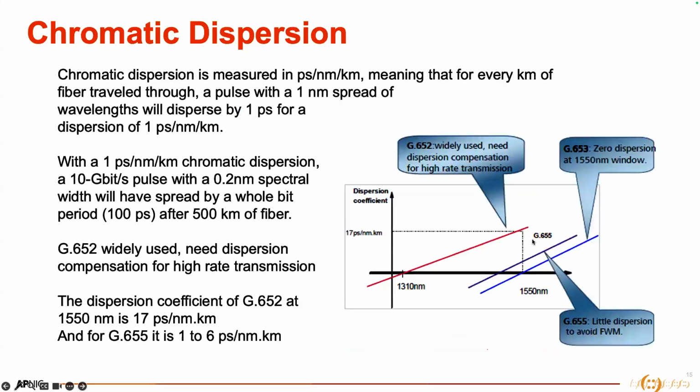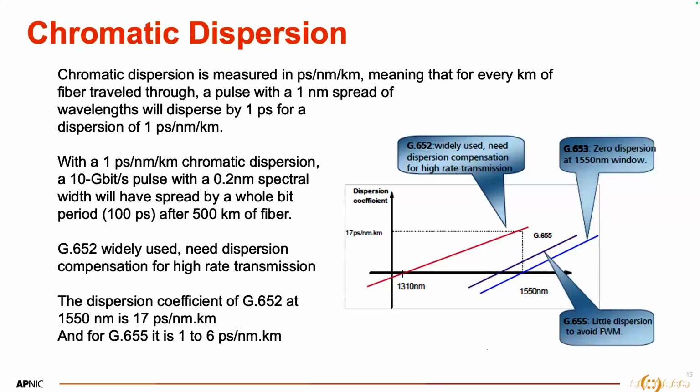For chromatic dispersion, there are several ways to make amendments. One of the significant factors, among all the measures which can be taken, is the fiber.